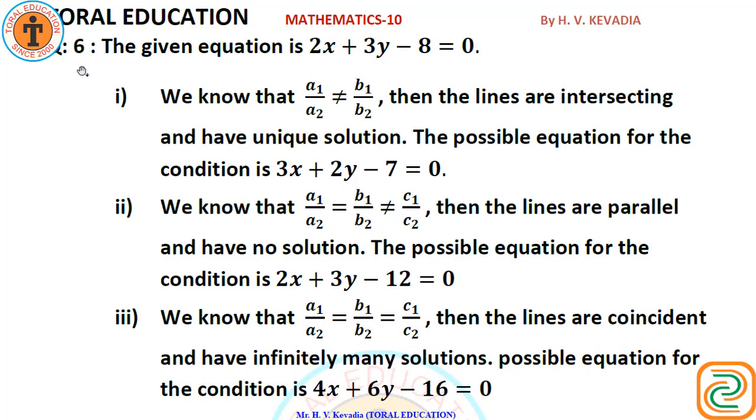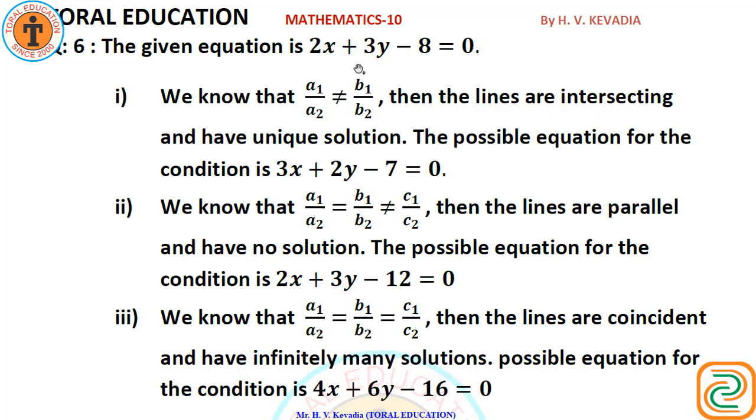Question number 6. Given the linear equation 2x plus 3y minus 8 equals 0, write another linear equation in two variables such that the geometrical representation of the pair so formed is intersecting lines, parallel lines and coincident lines. We are given 2x plus 3y minus 8 equals 0.